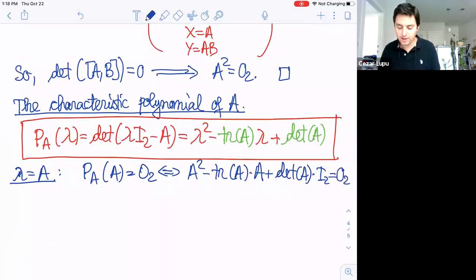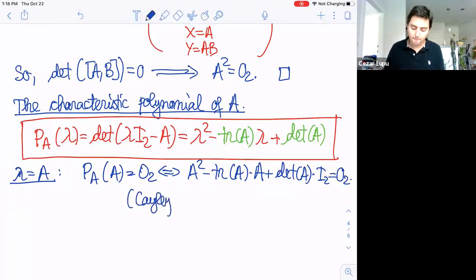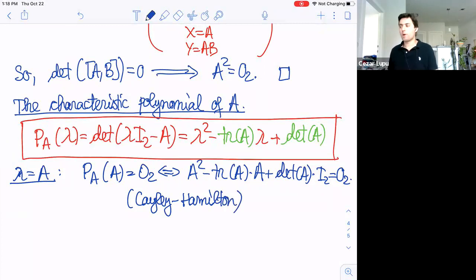Well, I could have started just like this, but I wanted to play around with that. So this is how Cayley-Hamilton is obtained immediately. Okay, right? So this is the story for 2 by 2 matrices.